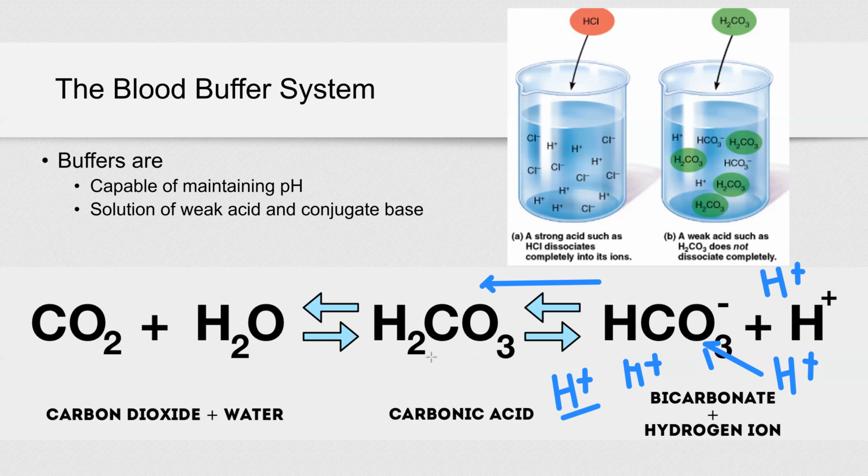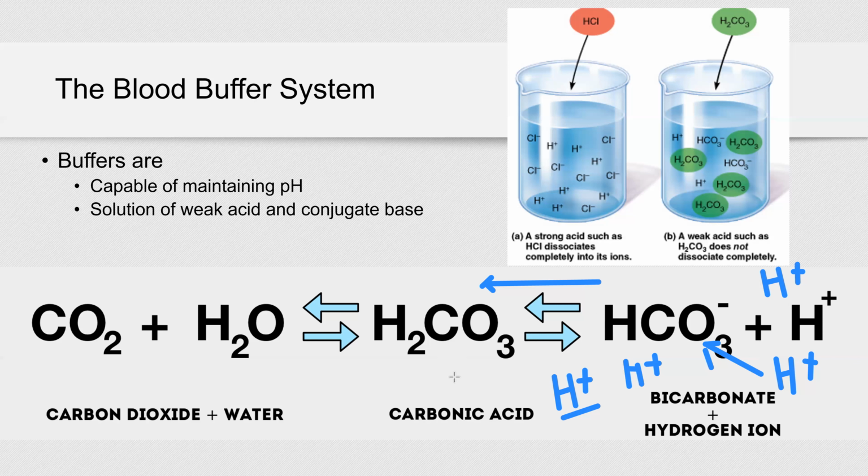Now, carbonic acid itself does not change your pH. What changes your pH is the free floating hydrogen ions. But if you can get rid of these hydrogen ions, make more carbonic acid, you actually become less acidic.